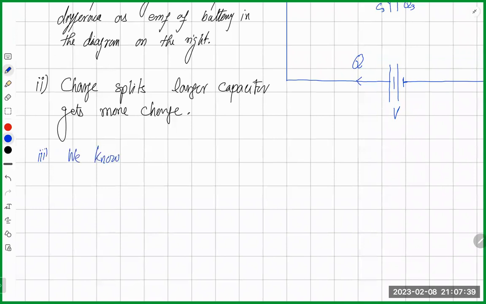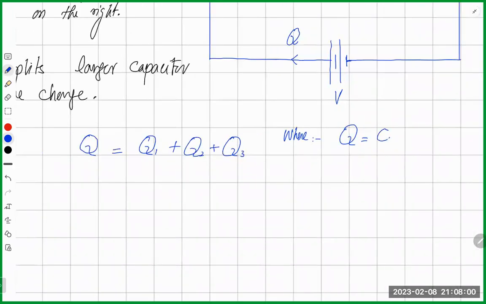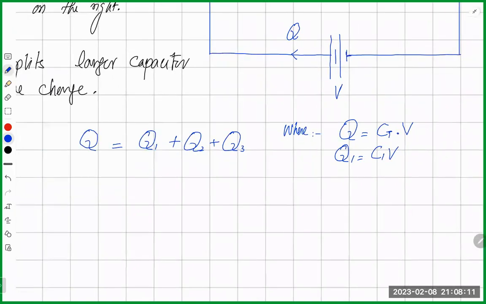So Q equals Q1 plus Q2 plus Q3, where Q equals total capacitance into total voltage. Q1 will be capacitance 1 into voltage. Q2 will be capacitance 2 into voltage, and Q3 will be capacitance 3 into voltage.